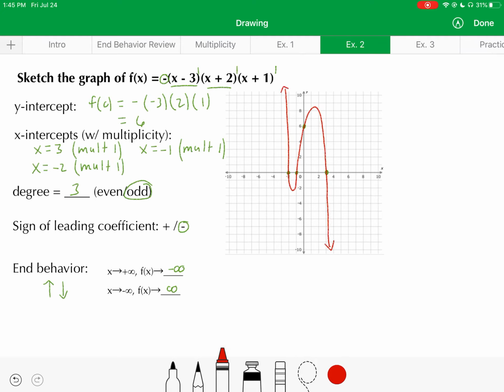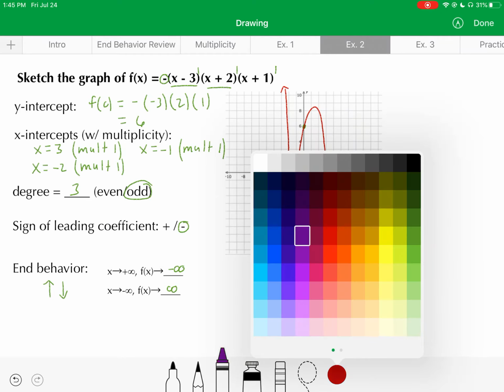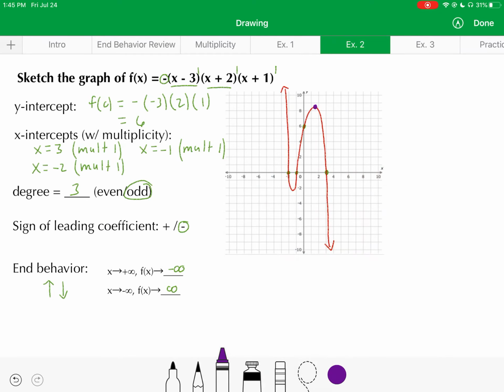Okay. Now here's what's in question. Where these relative extrema are, the relative maximums and minimums, these are in question. We can't determine their exact locations until we learn some calculus, okay?